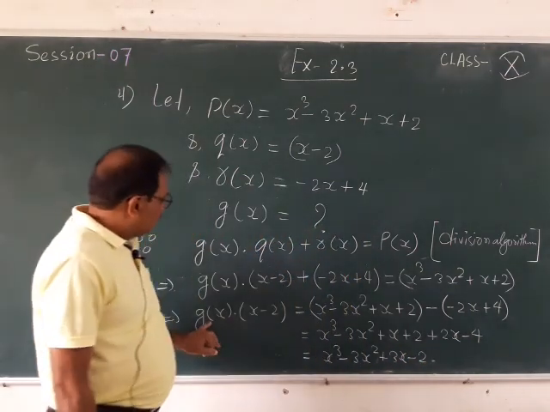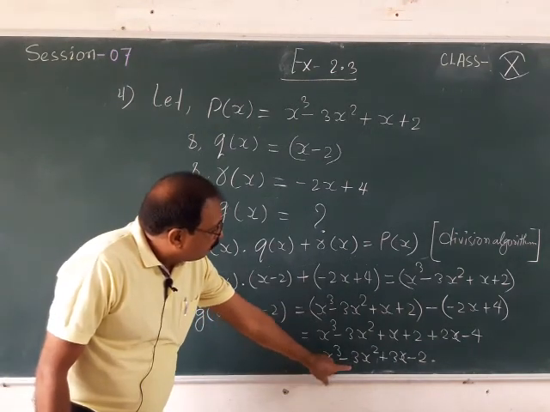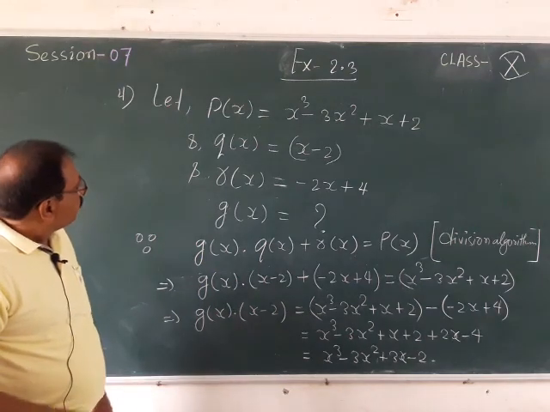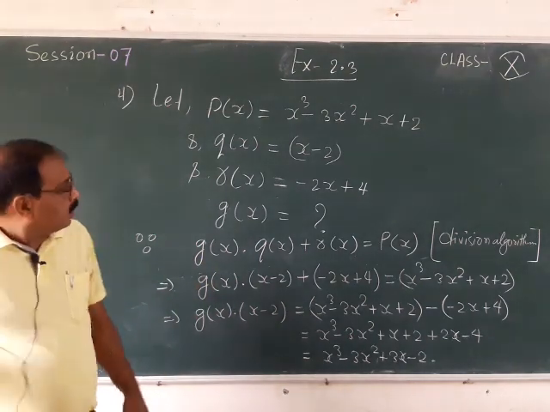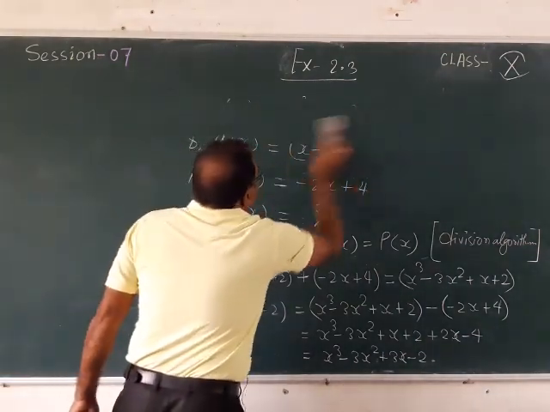So g(x) into x minus 2 is equal to x cube minus 3x square plus 3x minus 2. Till here you copy down, then further calculation work I am showing you over here.